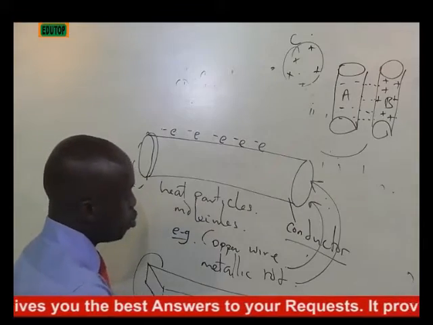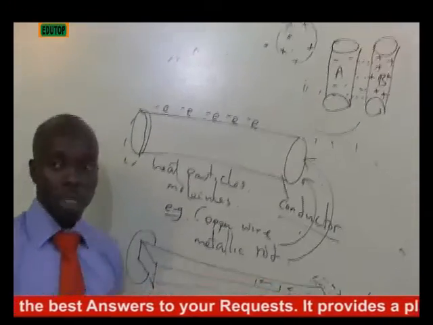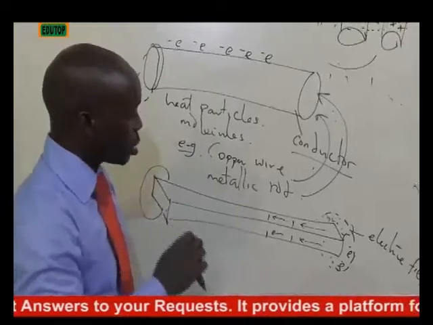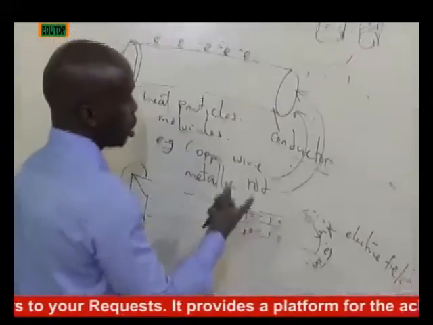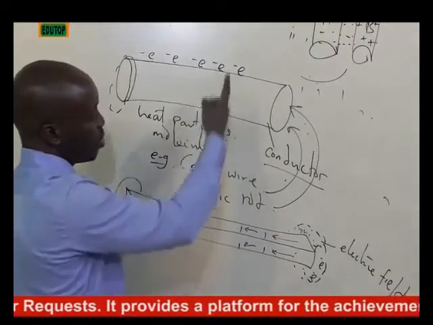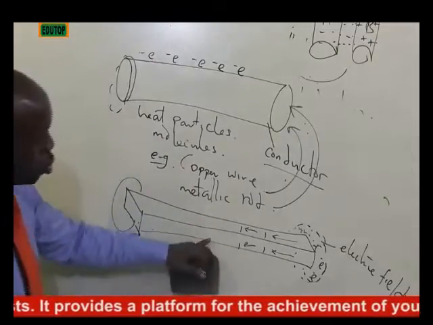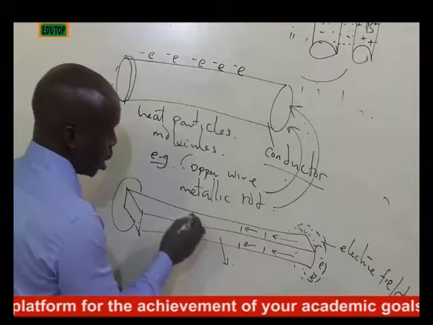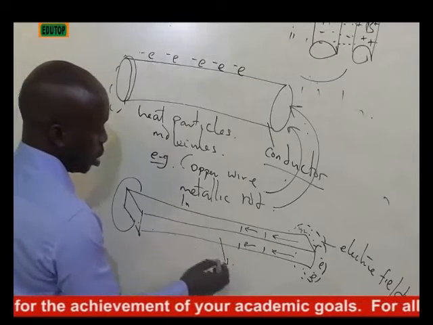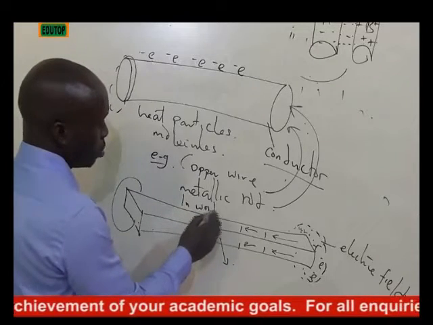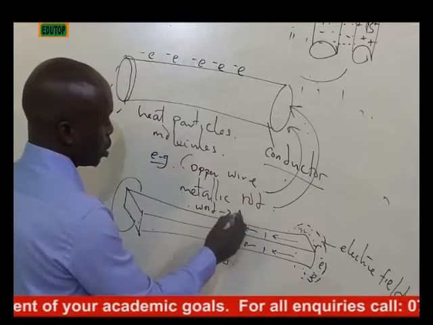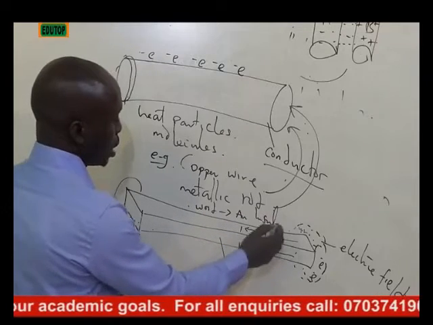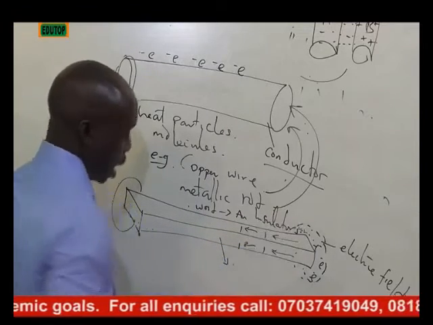Meaning that wood does not allow movement of electric charges and heat particles through it. That particular phenomenon made this wood an insulator, which confirms our definition.